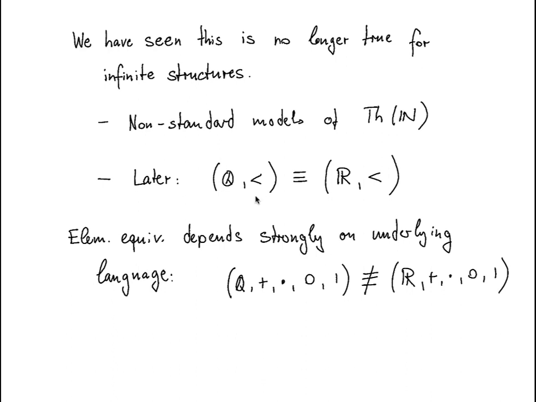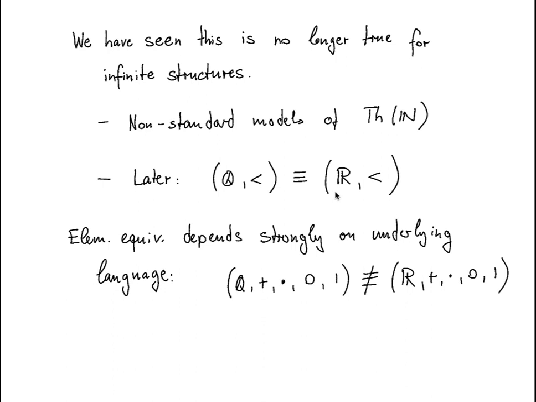Later, we'll also see that if we only consider the rationals under the order that they're given, so no algebraic structure included, this is elementary equivalent to the total order of the reals. But clearly, those two structures cannot be isomorphic because they don't even have the same cardinality.